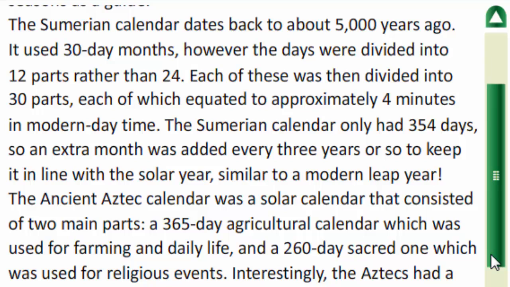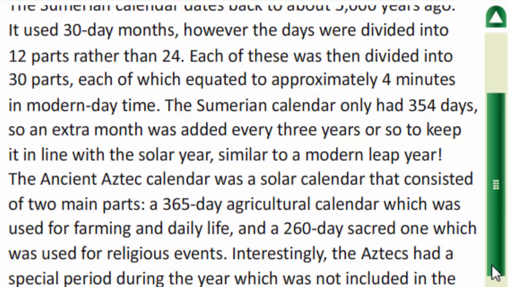Each of these was then divided into 30 parts, each of which equated to approximately 4 minutes in modern-day time. The Sumerian calendar only had 354 days, so an extra month was added every 3 years or so to keep it in line with the solar year, similar to a modern leap year.